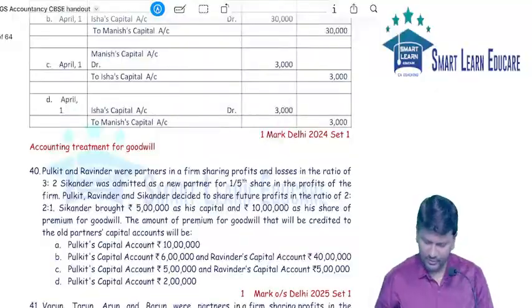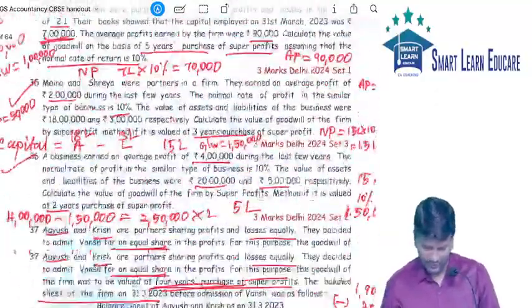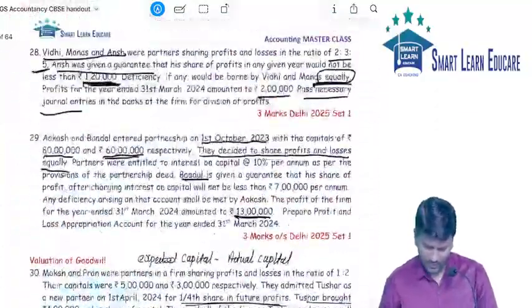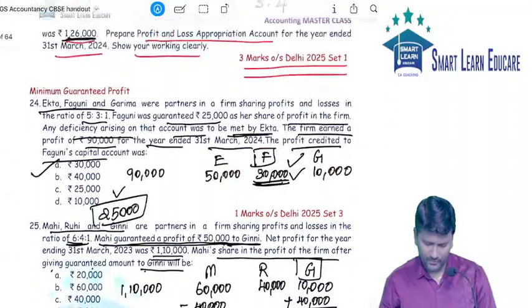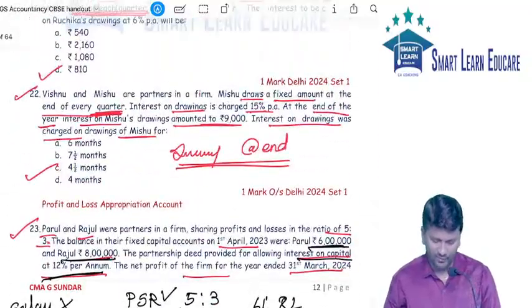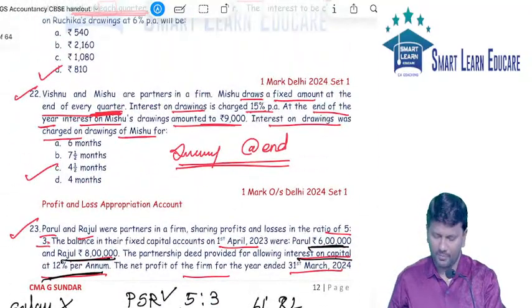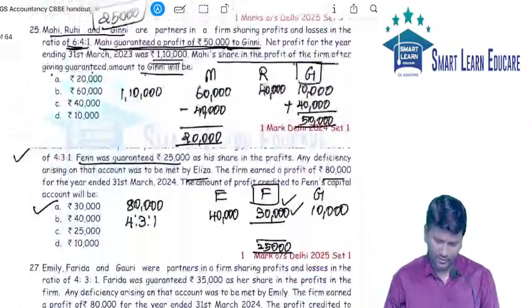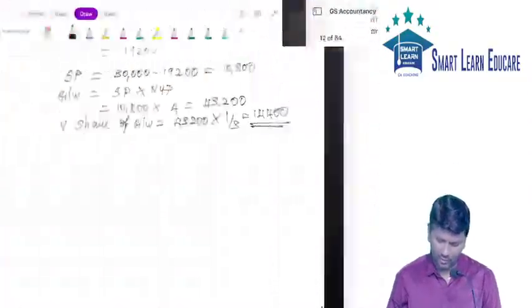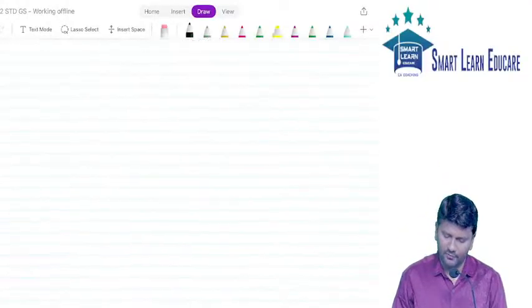So yesterday we completed the valuation of goodwill. Also we completed the minimum guaranteed profit and the P&L appropriation account. Now proceeding further, next we are going to discuss the accounting treatment for goodwill.